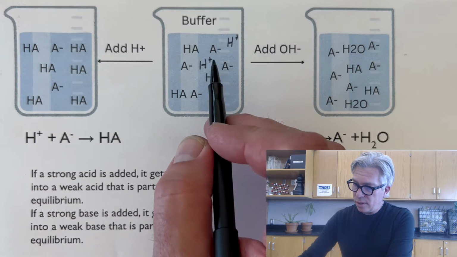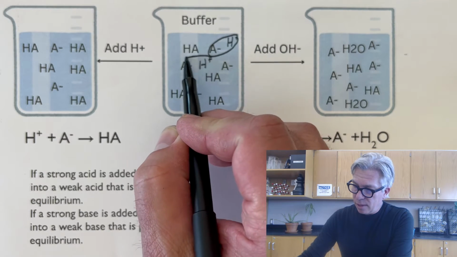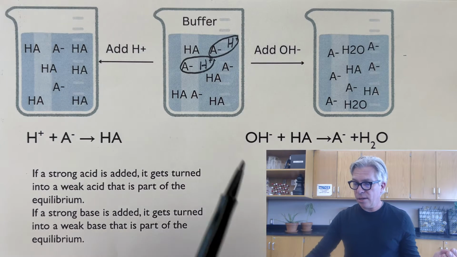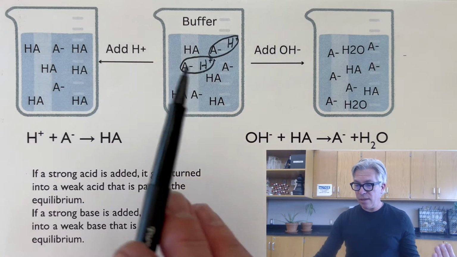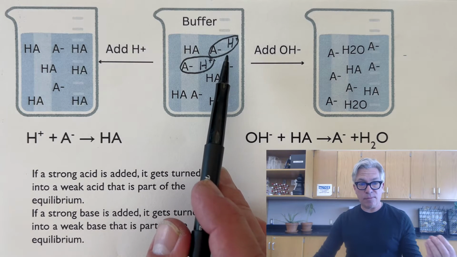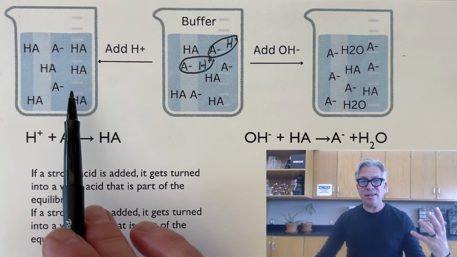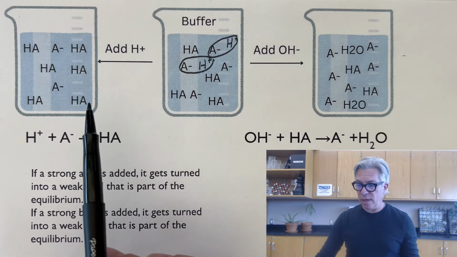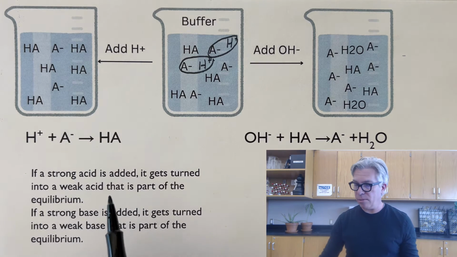And so what they'll do is they'll look over and they'll see these little anions floating around, and they're going to hook up with those anions, the conjugates, and they're going to make 2 more acids that weren't there before. Now, what we've effectively done is changed a strong acid, a proton, into a weak acid that's now part of the equilibrium, and we kind of got it to neutralize some of its strength, and now we just have more of the weak acid that's part of the equilibrium.